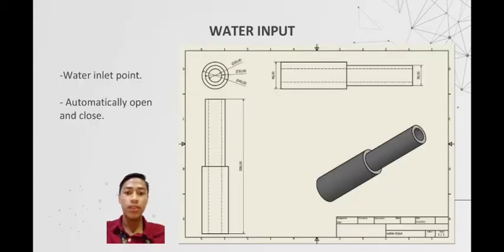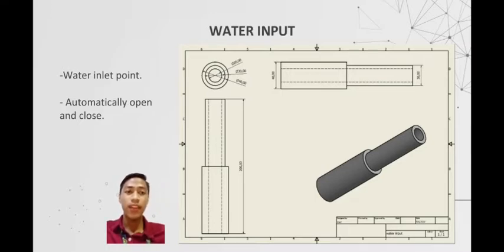Okay, for water input, the small part I call front and the big I call back part. For the holes, the diameter of the front part is 30 and the length is 100,000, and for the back it is 40 diameter and the length is still 100.